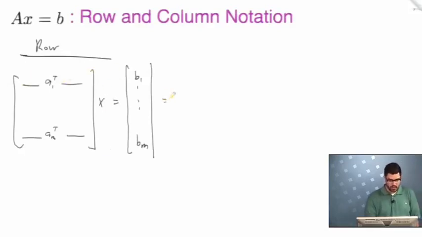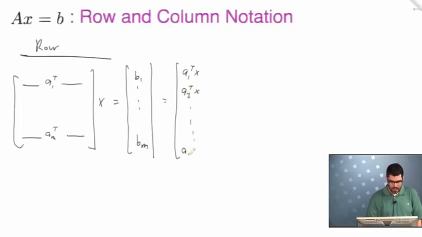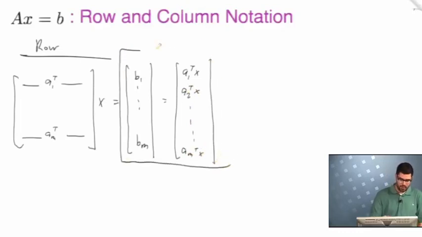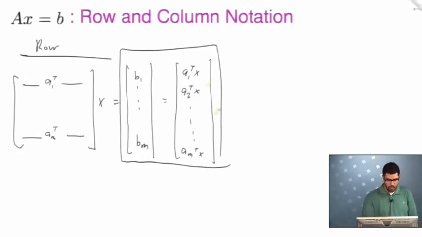So what you get is a1 transpose x and a2 transpose x, dot, dot, dot, am transpose x. Okay? So this is another way to write Ax equals b, or more specifically, A and x can be multiplied together to give you this. All right?